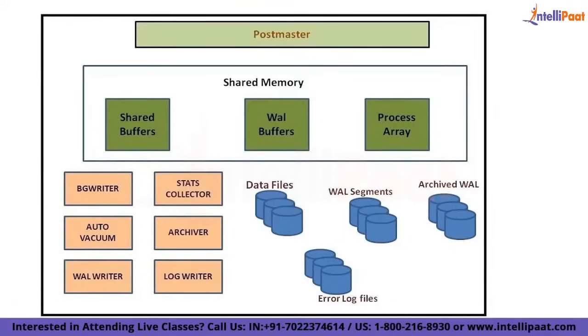But the Postmaster is not independent of the Postgres server. The database cannot be up and running without the Postmaster process. If you kill the Postmaster process, the complete cluster will come down. That is the first process of Postgres, and from that, all the remaining processes will be spawned.